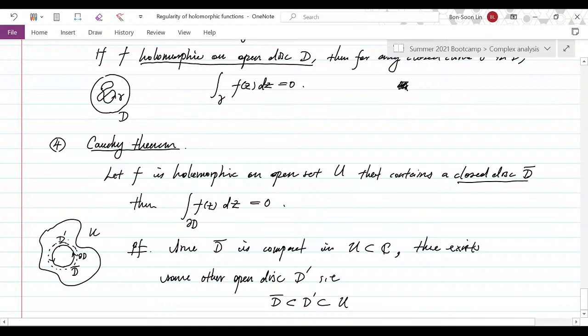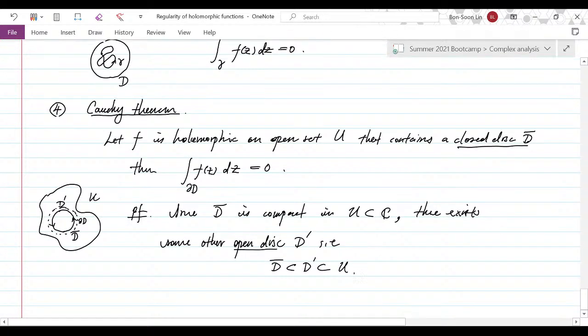So this closed disk is inside some other open disk inside U. This is a result from just metric topology, a separate fact that we can prove later. So let's think of this as a lemma. Let's prove it later.